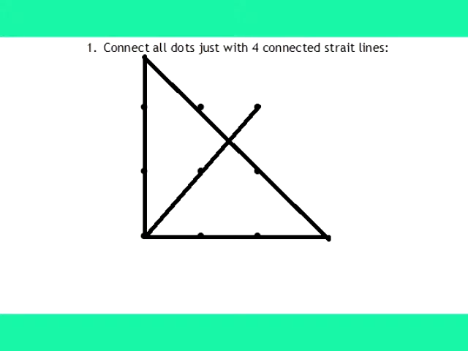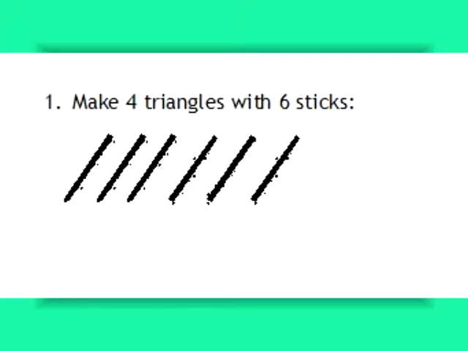But it's too hard to think out of the box, out of the limits we see in the dots. Exercise number 5. Make 4 triangles with 6 sticks. Okay, start to try it. You see several solutions, but the mind has the tendency to think flat.